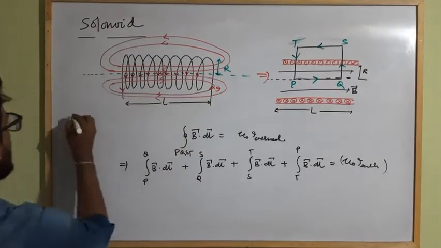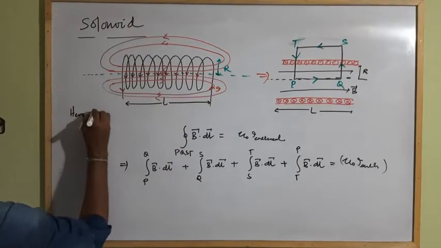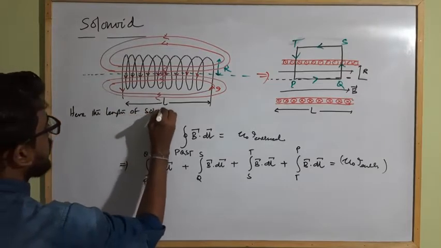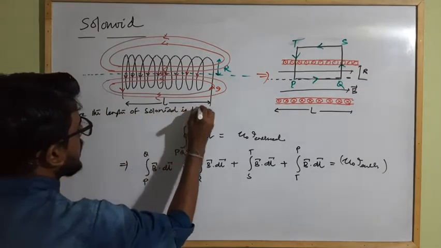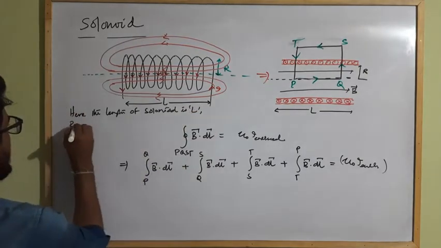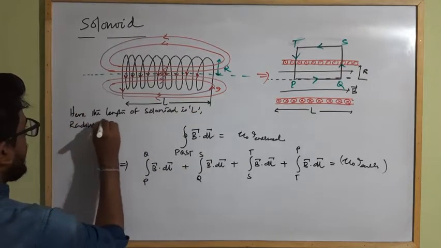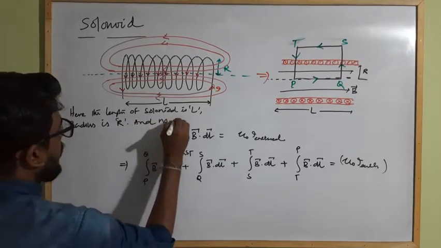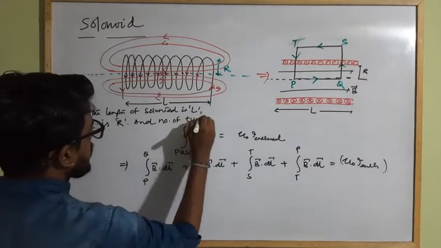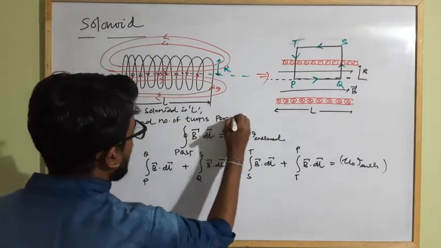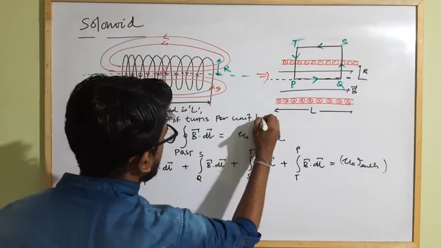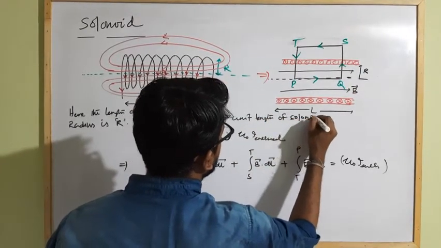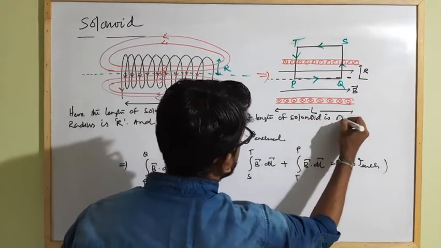Okay, here the length of the solenoid is L, radius is R, and the number of turns per unit length of the solenoid is small n.